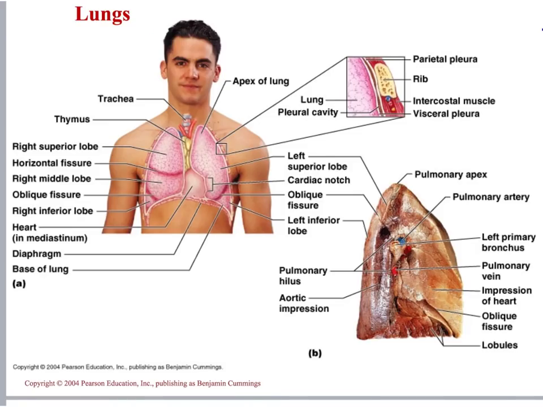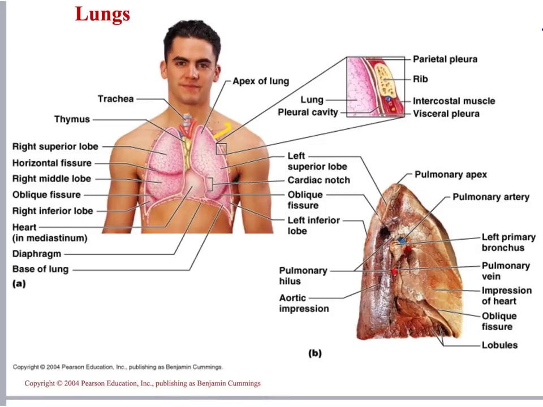Coming towards the end of this lecture, talking about the structures of the respiratory system. In terms of their gross anatomy, the lungs are located in the chest cavity, and each one of them has its own pleural membrane.